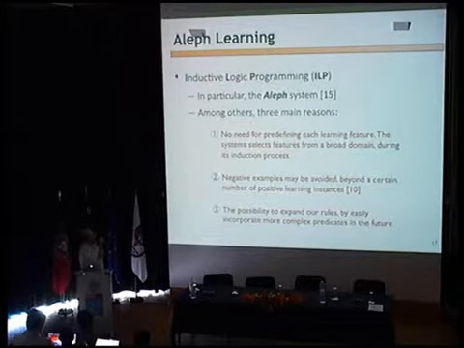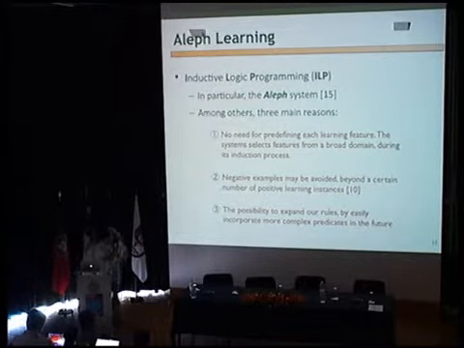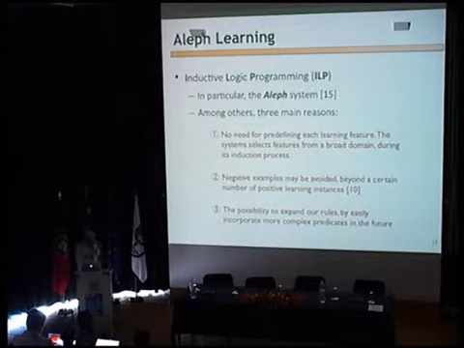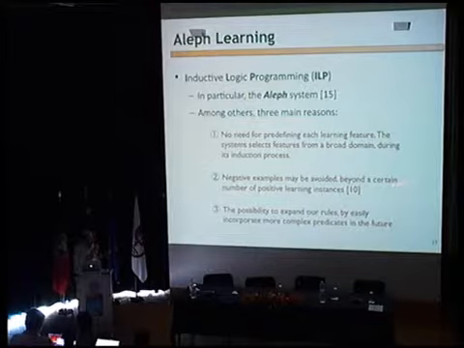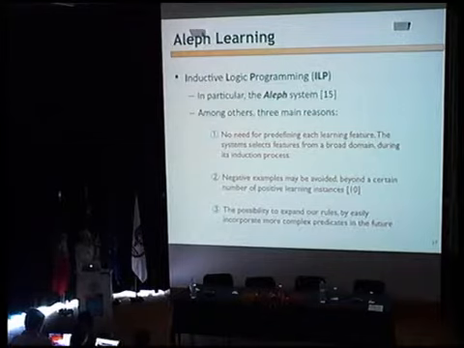The second reason for choosing this framework is that there is theoretical evidence saying that once we have a certain number of positive cases, we can ignore the negative instances without losing quality.